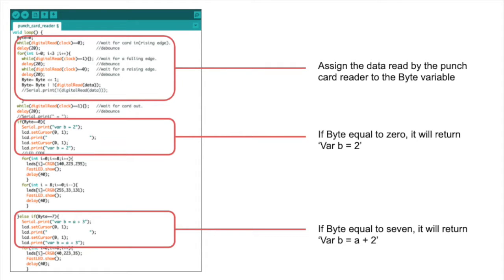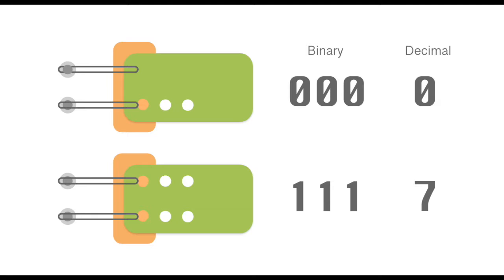the byte variable. This picture shows how the contact pins read the data of the punch card. When the pin above is not connected and the pin below is connected, it will read the binary number 0. And if both of the pins are connected, it will read the binary number 1.